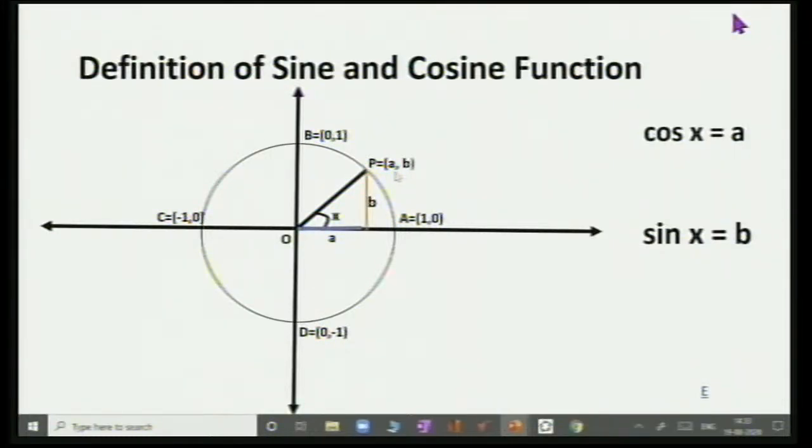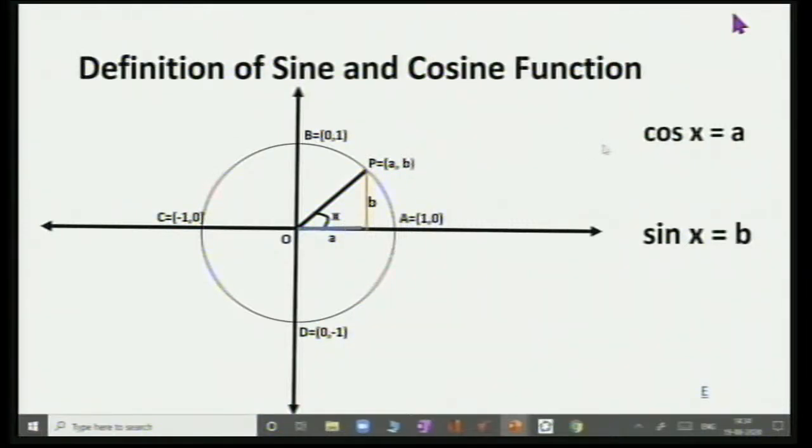The first component is a, the second component is b, then with respect to this angle, you can see that the point is also going to change. So if you have an angle x, then corresponding to this angle, this a is defined and this b is defined. There is only one a for x. So there is a 1-1 correspondence between this x and a, or x and b.